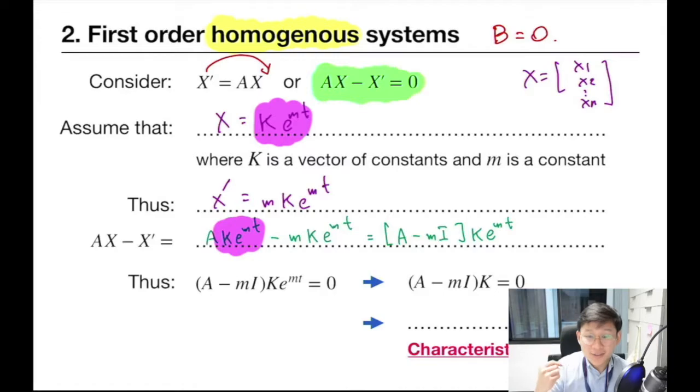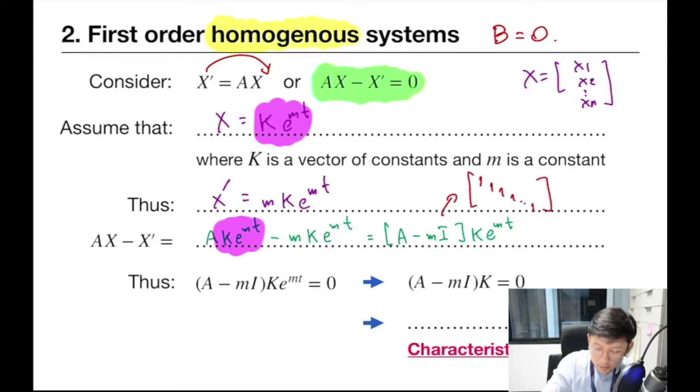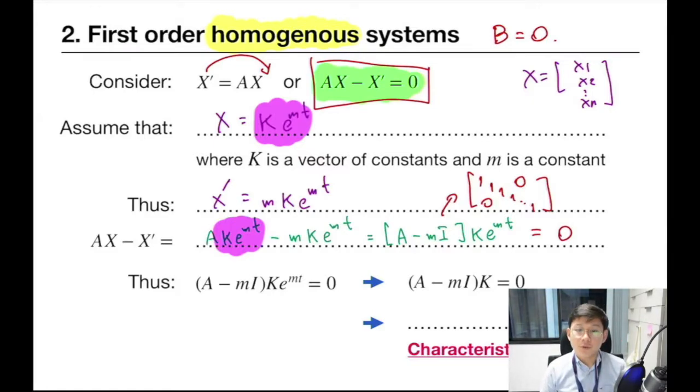So, from high school, you remember that if we pull the matrix from the constant, you need to get the matrix I. For those who don't remember, the matrix I is the identity matrix, which means that it's all 1 on the diagonal and the rest are 0. And because Ax minus x prime is 0, we have that this here is 0.